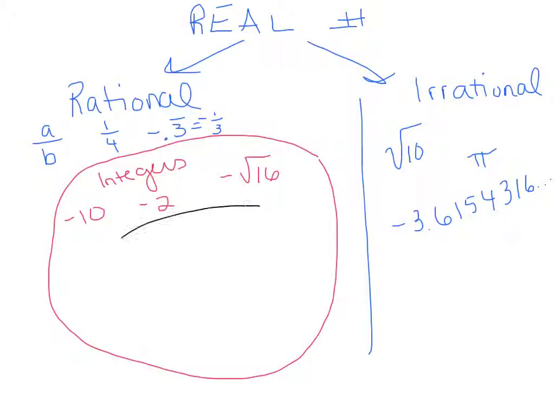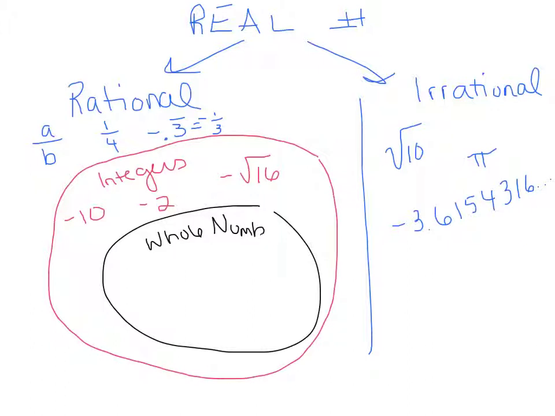I can go a step further and say something's going to be a whole number. These could be the values starting at 0, 1, 2, 3, 4, 5, 6, 7, 8, 9, 10, so on and so forth. And then I go to the innermost category and say something's called a natural number, also sometimes called a counting number.